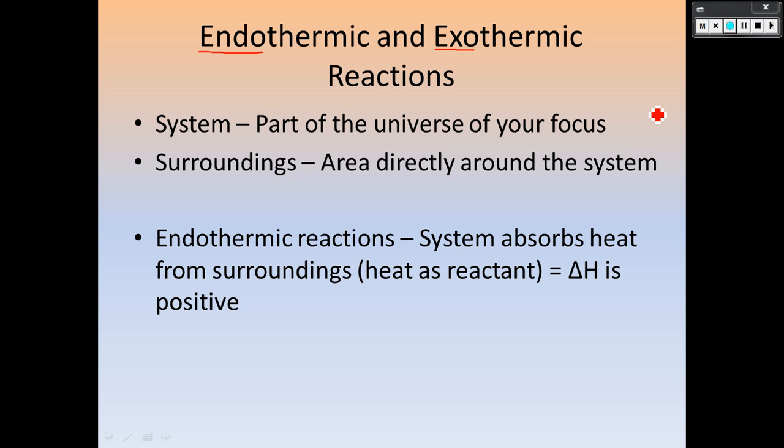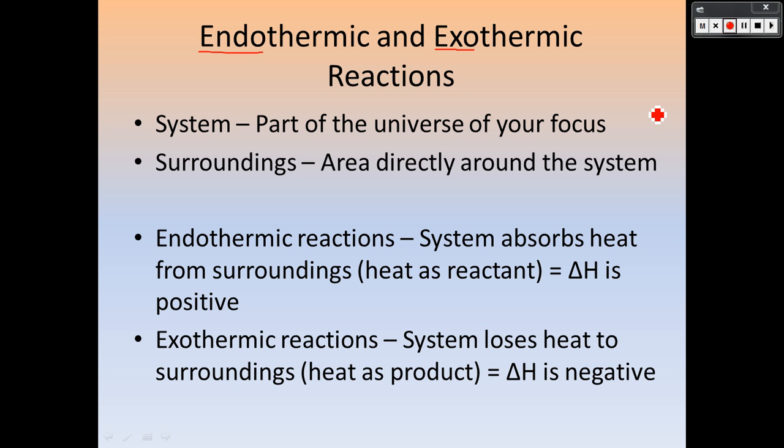So in order for this reaction to occur, you need heat from the surroundings. And in that case, delta H, your enthalpy, is positive. It's a positive number. And I'm going to show you some graphs next. And so endo, remember we said meant entrance. So there is an entrance of energy into the system in an endothermic reaction.